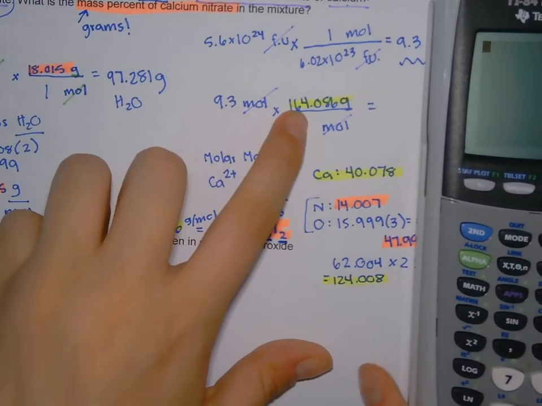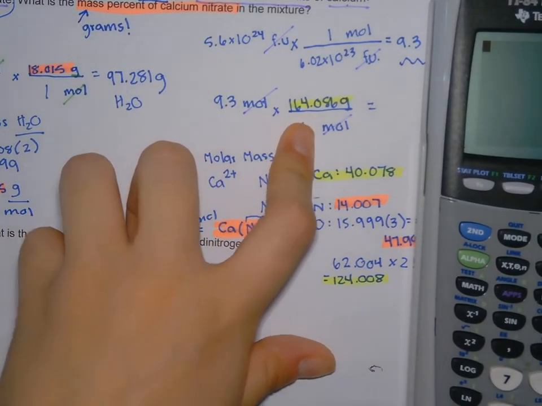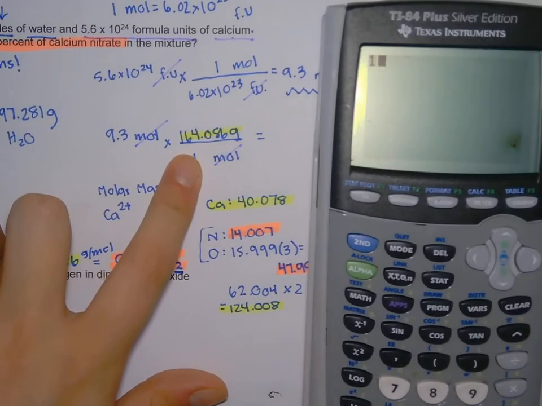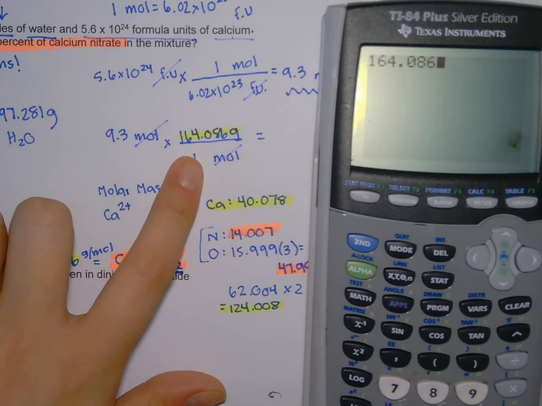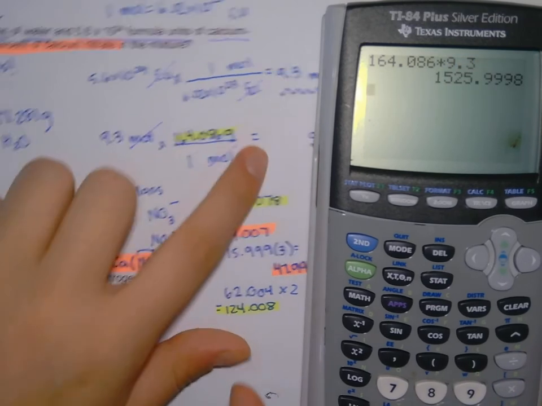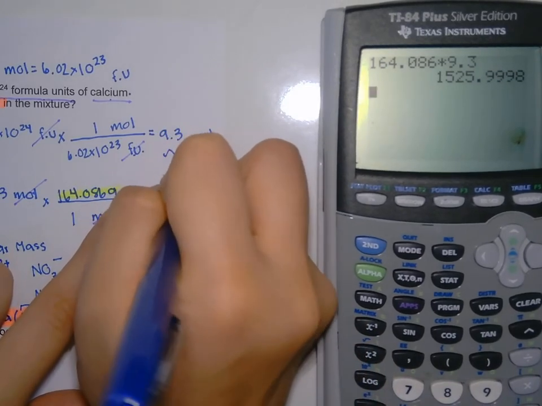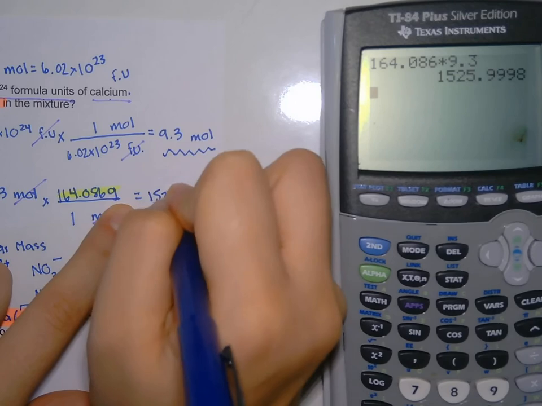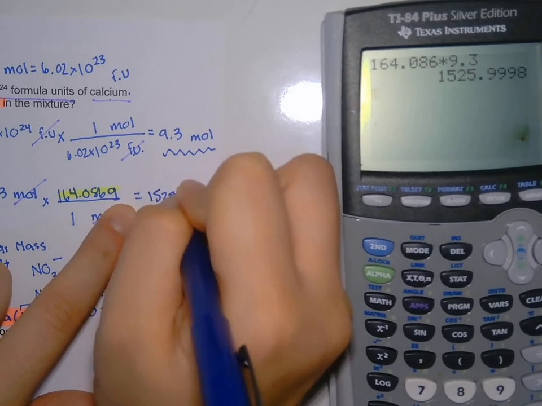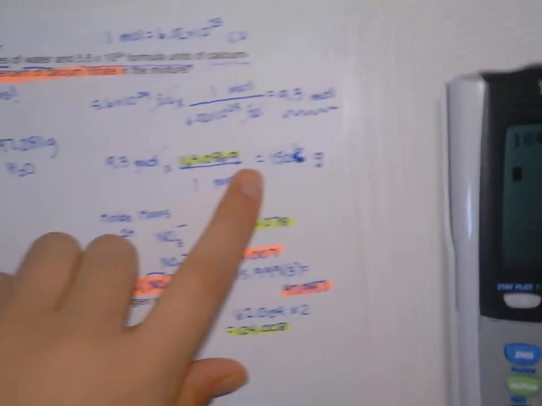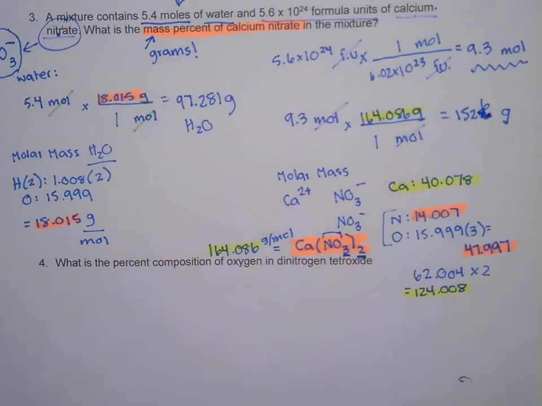So 9.3 and 164.086 are next to each other, so I have to multiply those. 0.86 times 9.3, and that is 1526 grams.